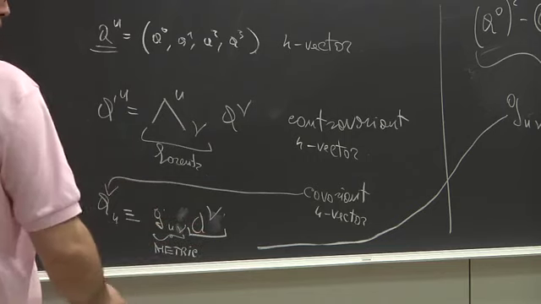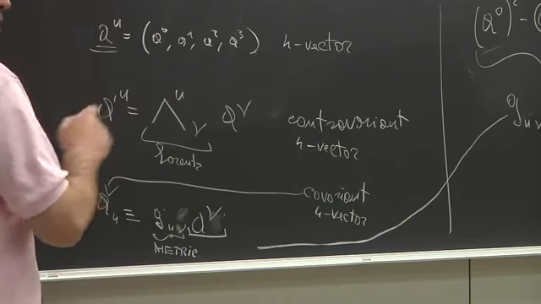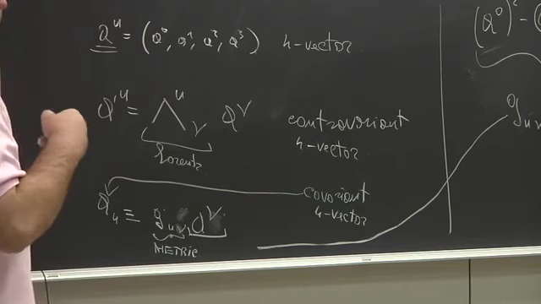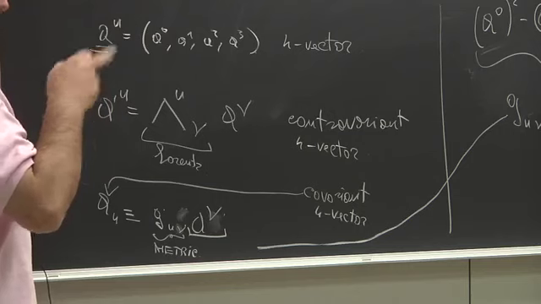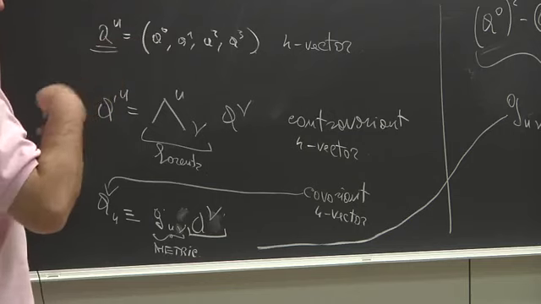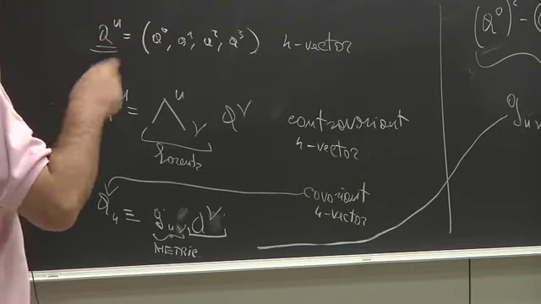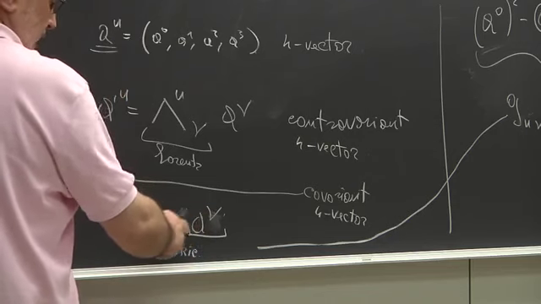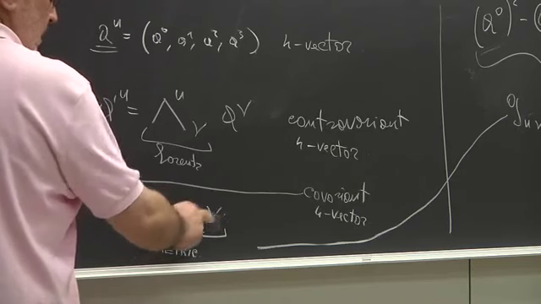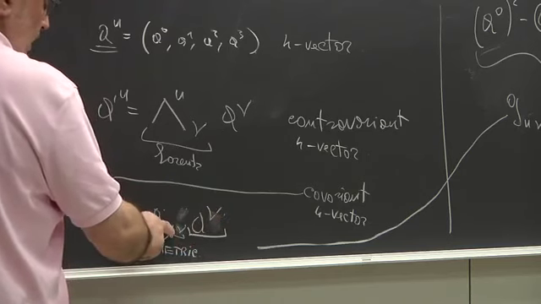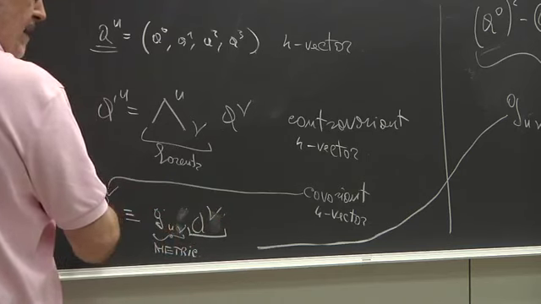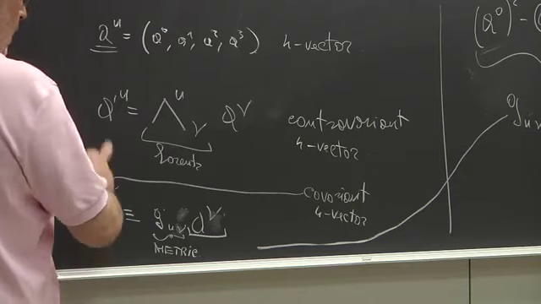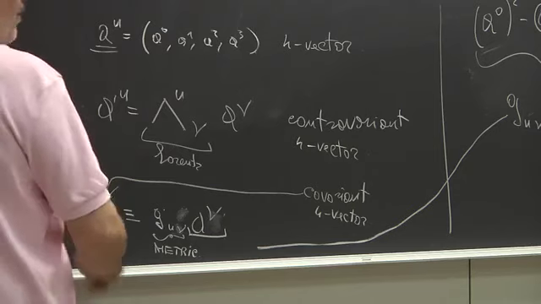Okay? Now, why do I put the index down or the index up and so on? Because I have the convention that if one index is up and the same index is down, the Einstein convention says they are summed. So here, the Einstein convention tells me that ν is summed, while μ is not summed, and in fact it remains a free index here. So this is the contravariant, this is the covariant.